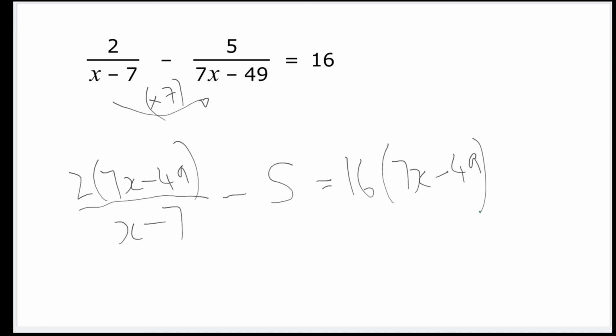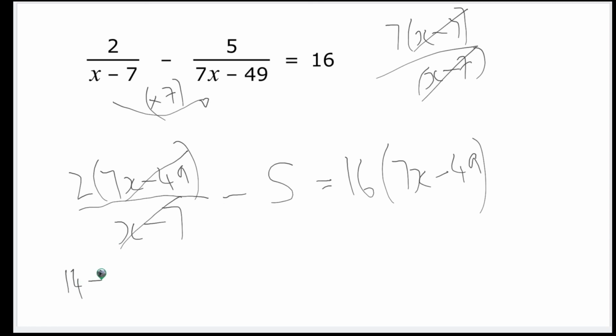Okay, now, like I did before, you can factorize 7x minus 49 into 7 bracket x minus 7, and x minus 7 stays as that. You're timesing by that, and then you're dividing by that, so they cancel each other out, and all you're left with is 7. 2 times 7 is 14, minus 5.